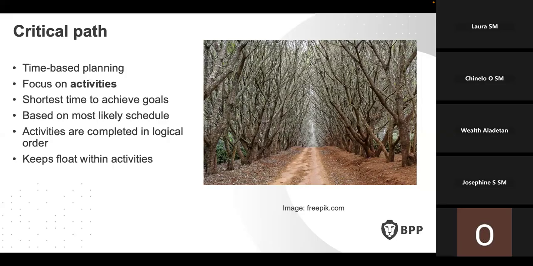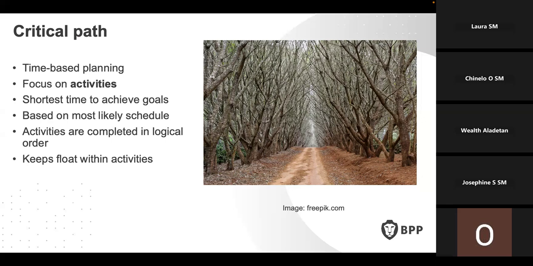What you are interested in is, what is the shortest time that it will take me to achieve this goal, based on the most likely schedule? Those activities are completed in logical order. So just understand 2 points. Critical path is time-based planning, and the focus is on activities. All you're interested in is the shortest time to achieve the goal based on the most likely schedule.